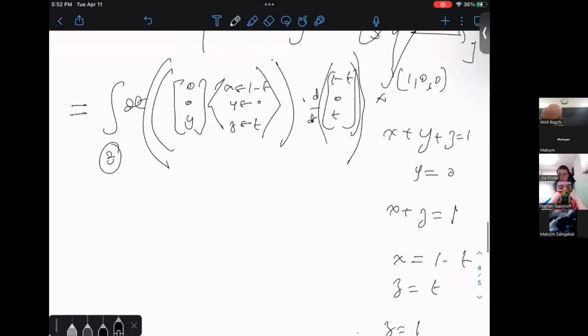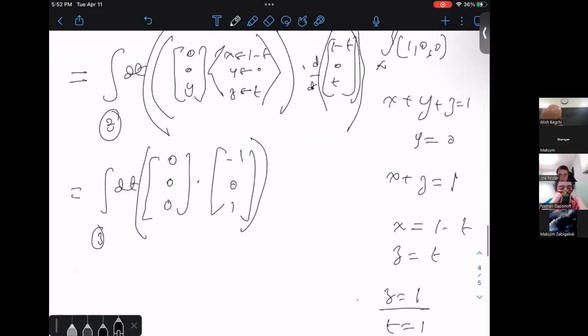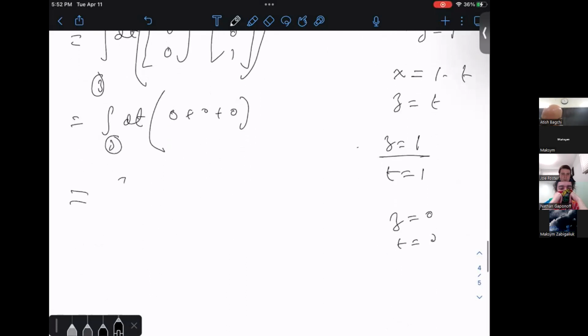This is not going to work out, I can see. So I've made some mistake. So this is 0, 0, 0 dot minus 1, 0, 1, which is equal to 0 plus 0 plus 0. So that's of course equal to the integral of 0 dt.